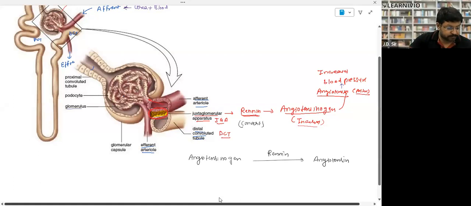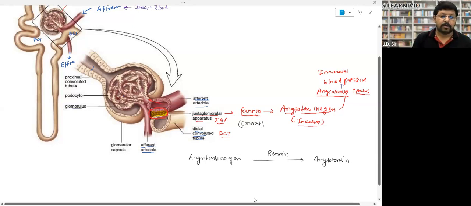Full stop. The angiotensin increases blood pressure.